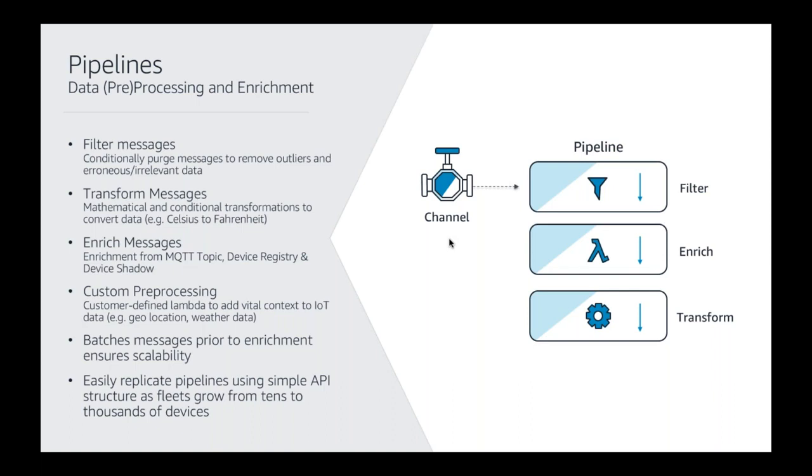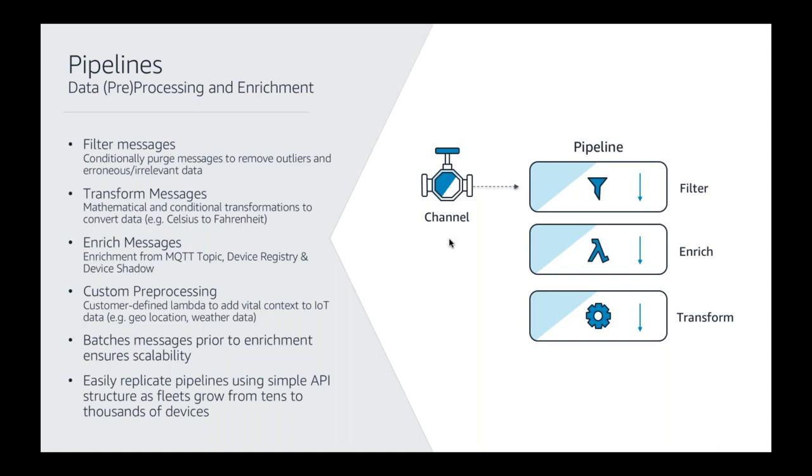You can pull that information from the registry to have that additional context around your incoming data. Or you can use any other MQTT topic, as well as the device shadow. If you're familiar with IoT Core, the device shadow essentially gives you a device state, so what the device's state was when that data was coming through. It can help you bring some additional context, as I said earlier.